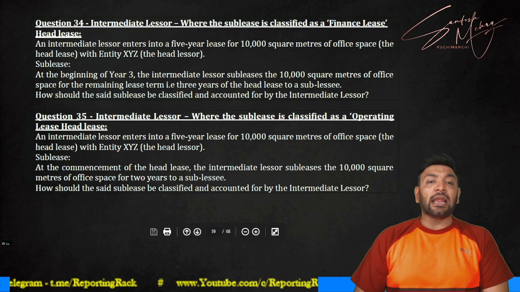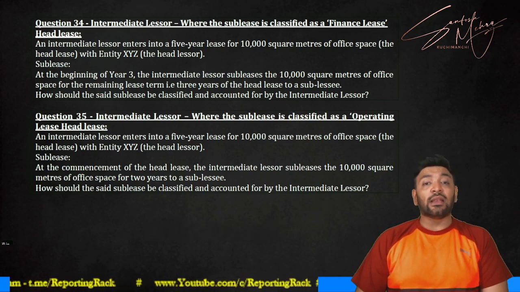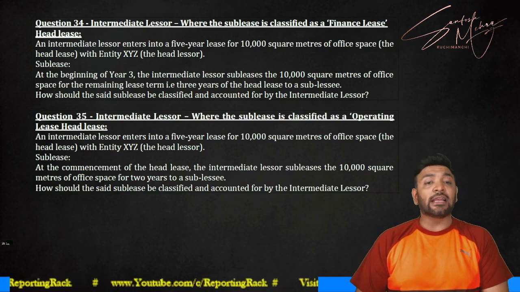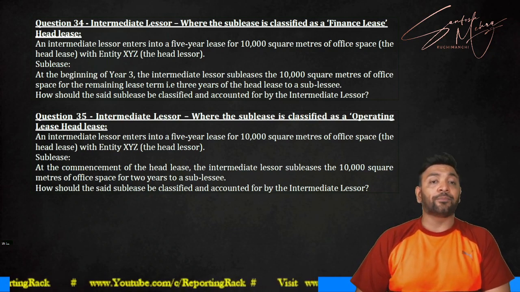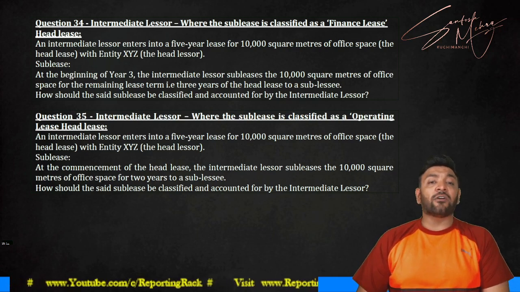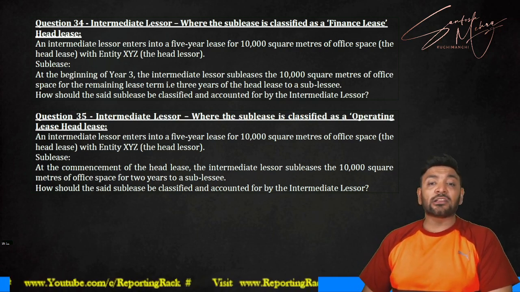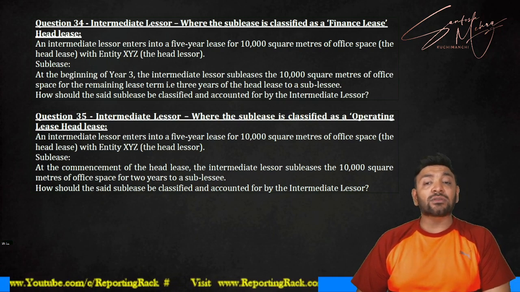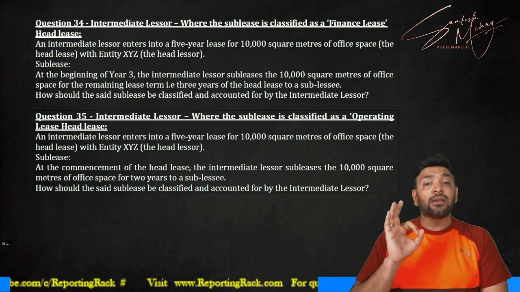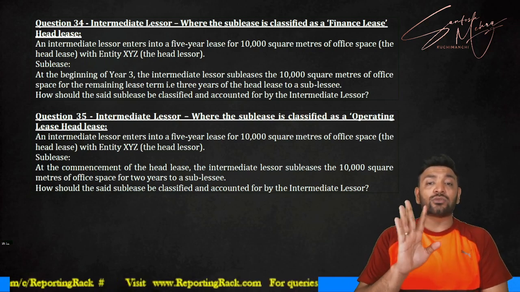An intermediary lessor enters into a lease for 10,000 square meters of office space with entity XYZ, which is a head lease. However, under sublease, at the beginning of year 3, the intermediary lessor subleases 10,000 square meters of office space for the entire remaining lease term, that is 3 years of the head lease, to the sublessee.